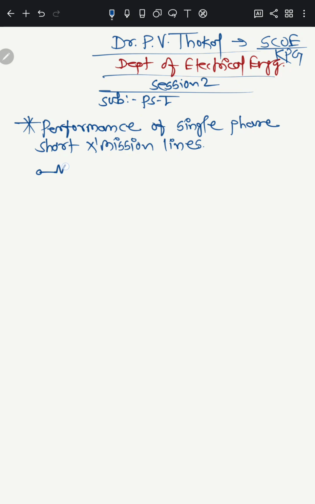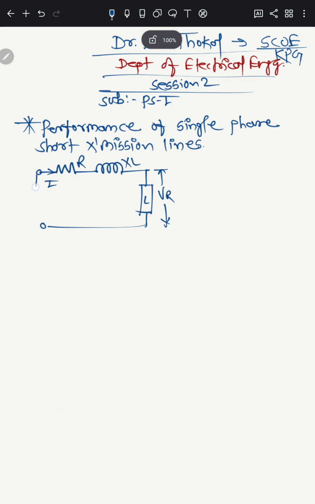Starting with the diagram, this is the circuit diagram. A transmission line can be represented by its equivalent circuit.